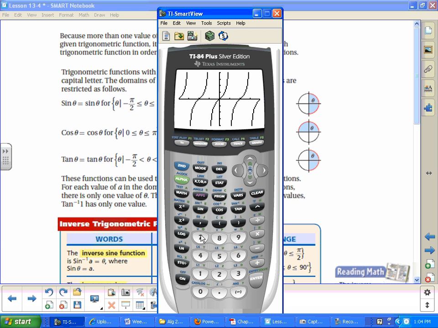Pi over 2 and 3 pi over 2, what's tangent on your unit circle? It's undefined. It's undefined because we can't divide by 0 there.